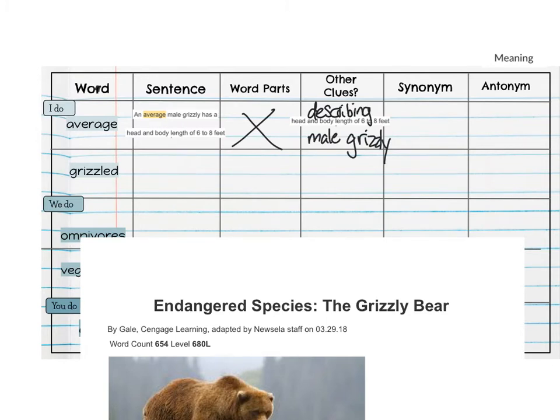So now I'm thinking about a synonym of the word average. An average male. So I'm thinking it's saying most male grizzlies have a head and body length of 6 to 8 feet. And now this can lead me to the meaning.